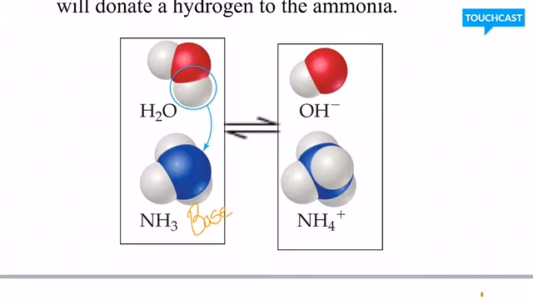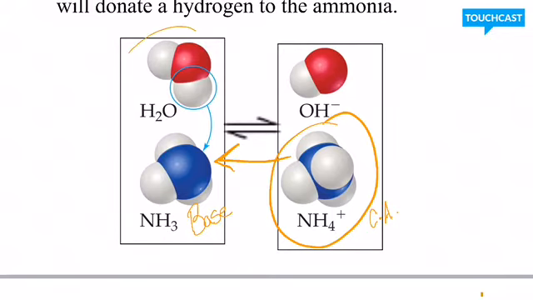But over here, now that it has the hydrogen ion attached, if you think about the reaction going in this direction, look at this one. It is actually going to be donating the hydrogen, right? Well, we call it the conjugate acid to ammonia.